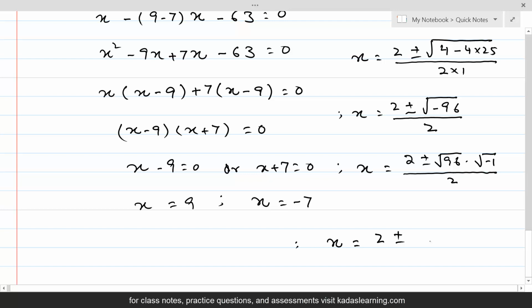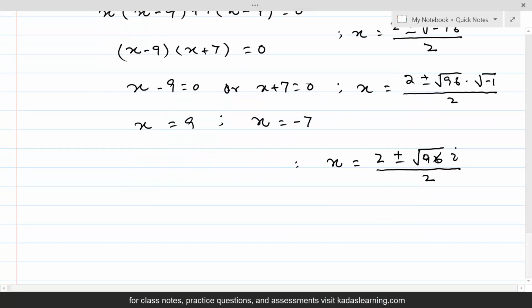96 is in fact equal to 4 times 6, so rather we can simply write it as 2 plus minus square root of 96 times iota, divided by 2. And that's all.